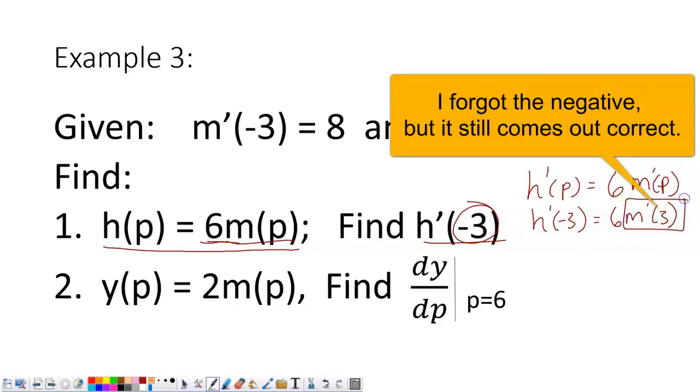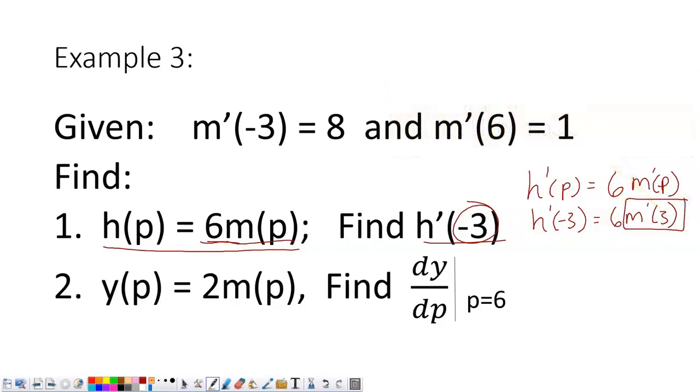So, that should look familiar to you guys. What does m prime of 3 equal? M prime of 3 is 8. So I can just replace m prime of 3 with 8, and now I get 48 as my answer. Okay?